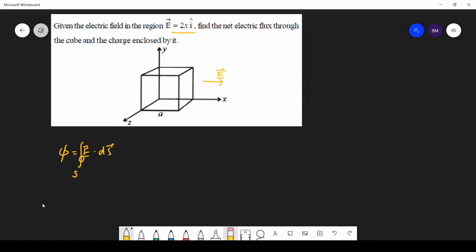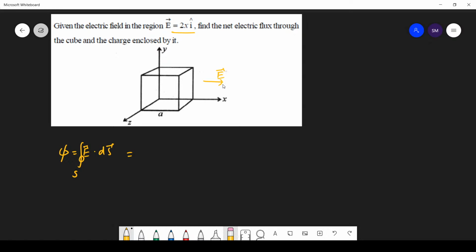So students, now the flux is equal to the integral of E dot ds through the closed surface. How many surfaces do we have? 6 surfaces. There is no electric field in the y direction, negative y direction, z direction or negative z direction.